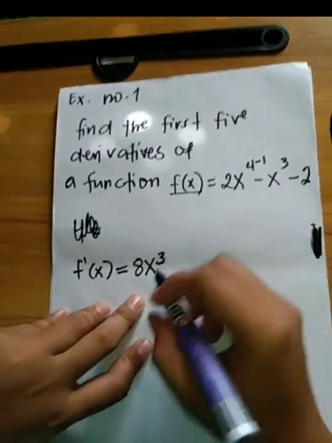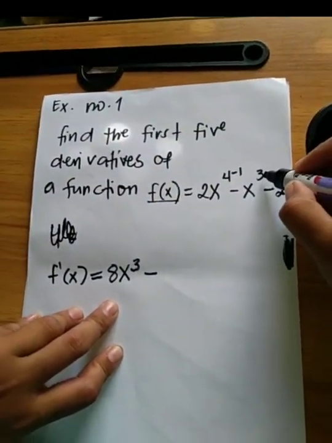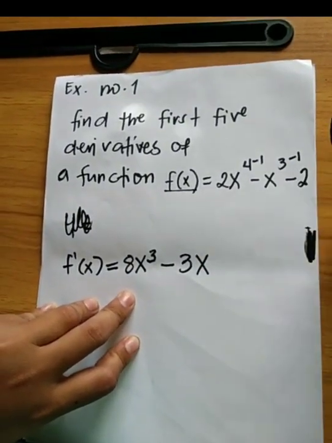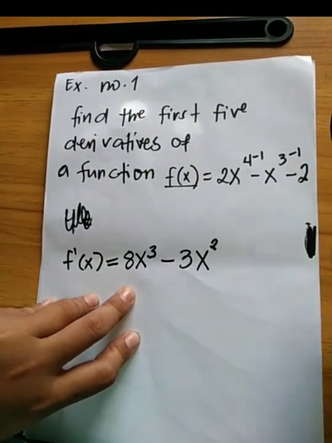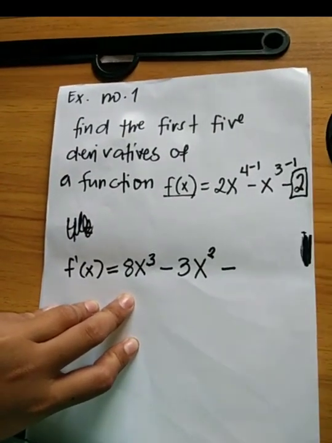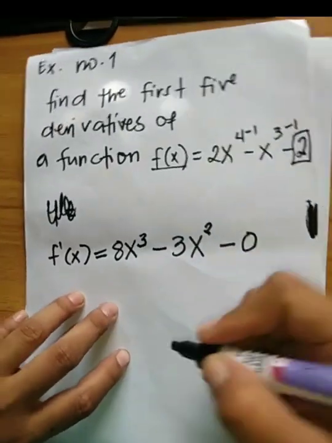So 8x cubed, minus x cubed is going to be 3x to the power of 2, and since the 2 is a constant number, this is going to be 0.